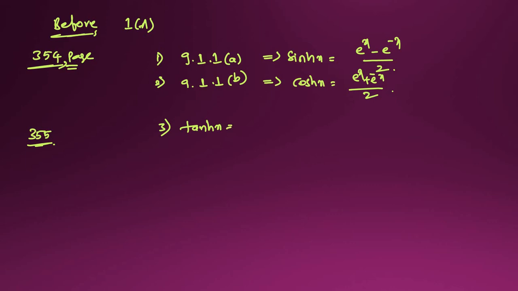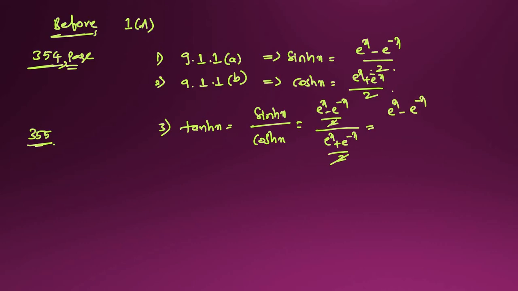What is tanh x? Sinh x divided by cosh x. Sinh x is e power of x minus e power of minus x divided by 2, divided by e power of x plus e power of minus x divided by 2. The 2 will get cancelled. What will remain? e power of x minus e power of minus x divided by e power of x plus e power of minus x. This is tanh x.